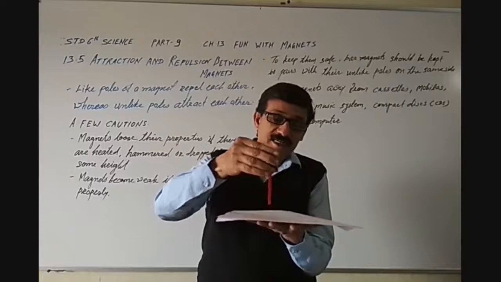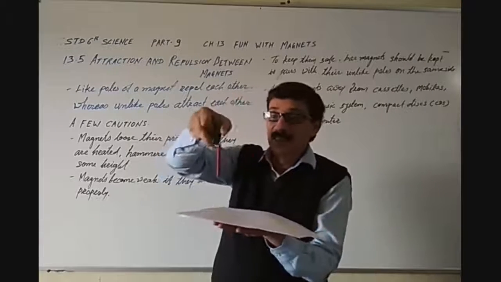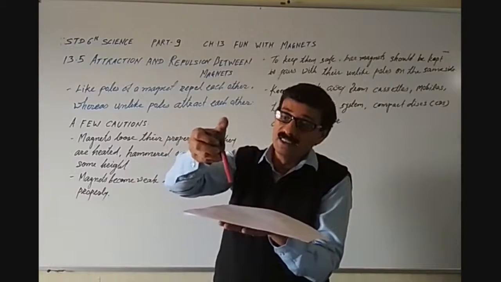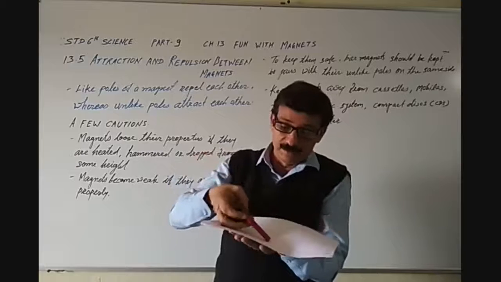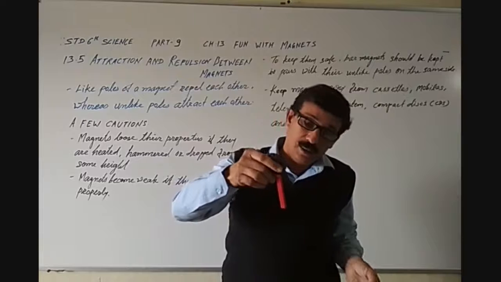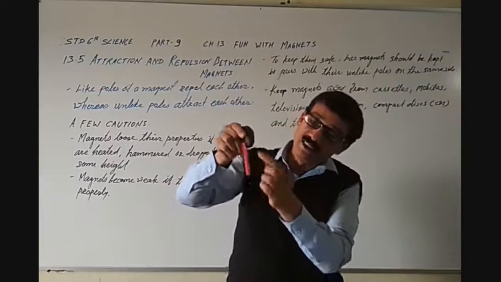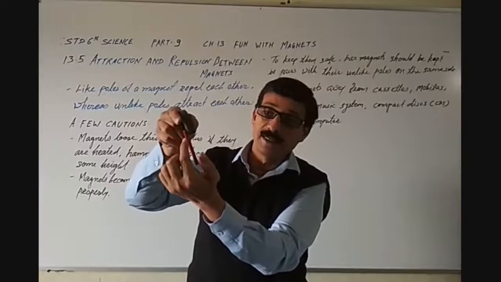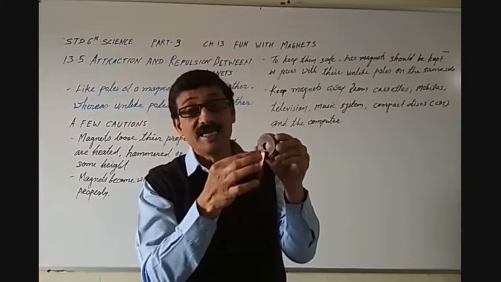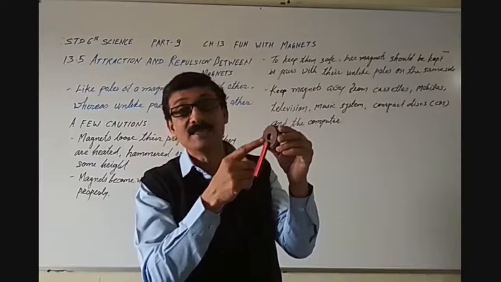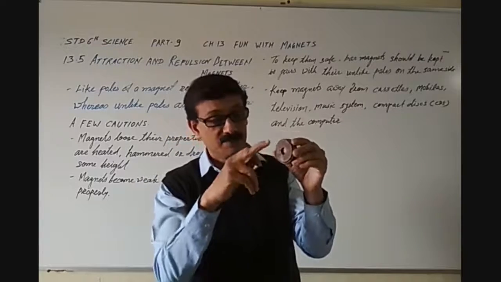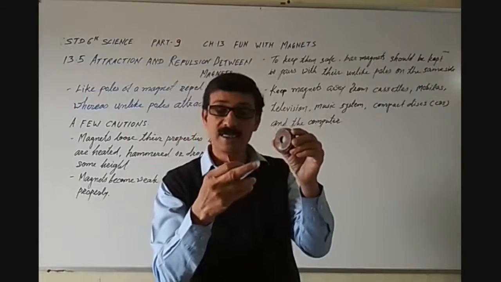Both the poles attracted. That means we know that this is the north pole of this magnet, and this side is attracted, which means this side of this magnet is a south pole, isn't it?